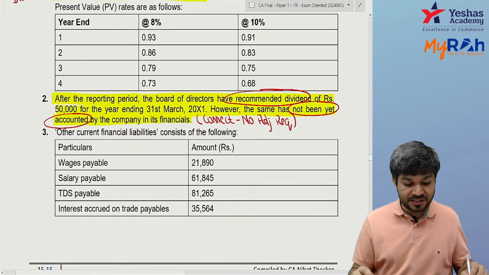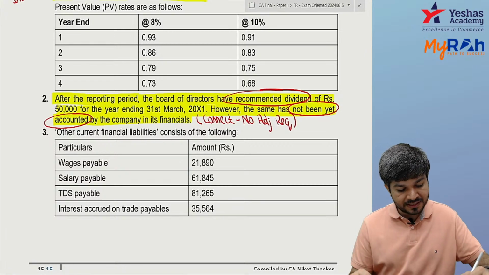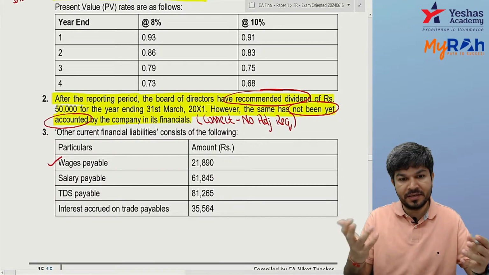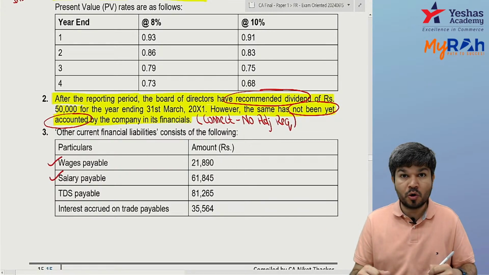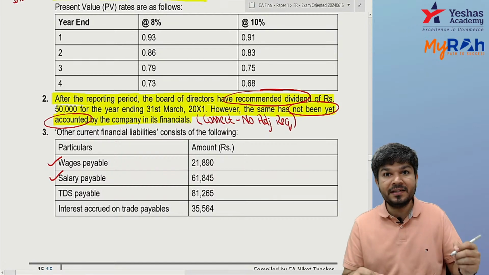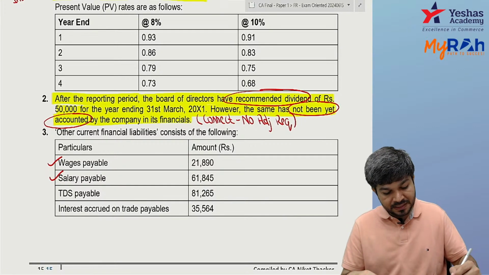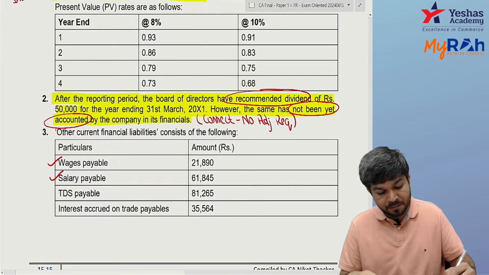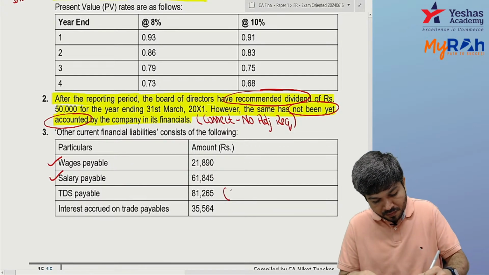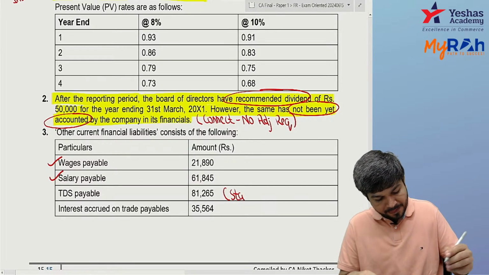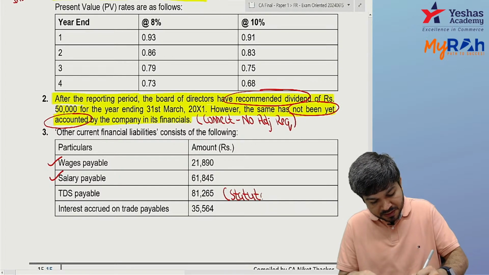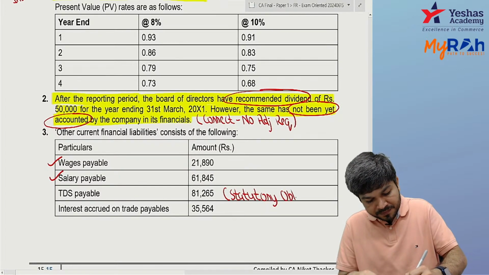Okay, other current financial liability: wages payable, a contractual obligation to pay cash. Salary payable, contractual obligation to pay cash. TDS is a statutory obligation.